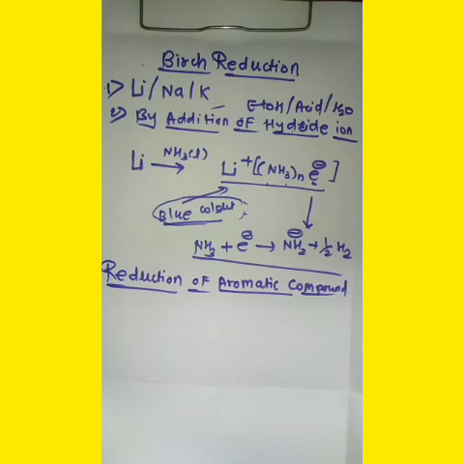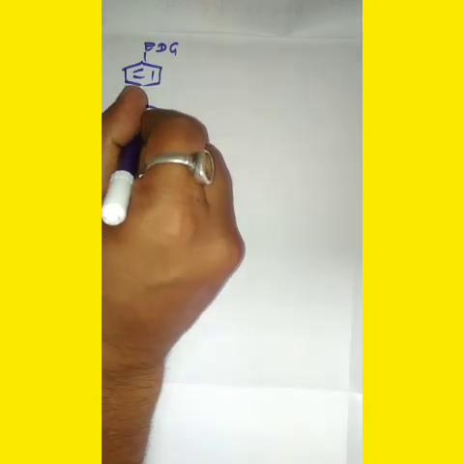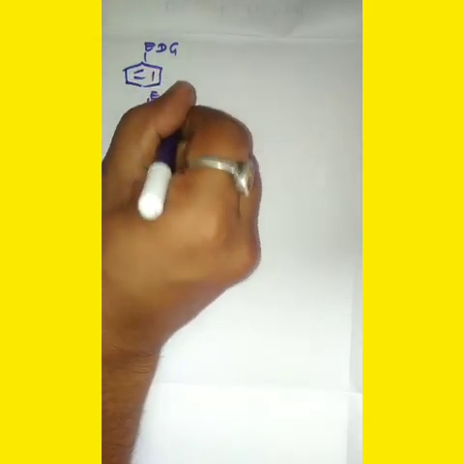The first is an aromatic compound, suppose benzene, having electron donating groups, and the second is benzene having electron withdrawing groups.